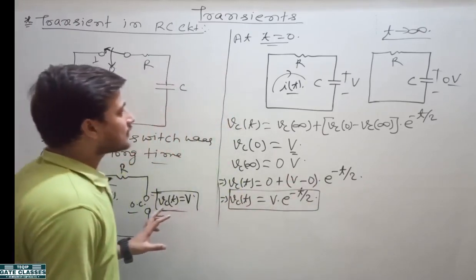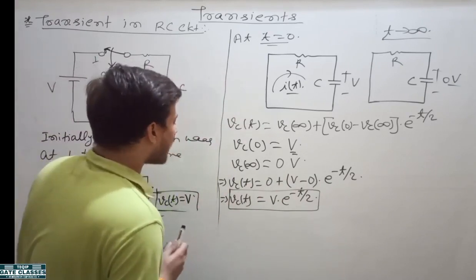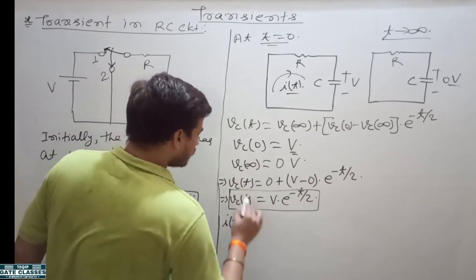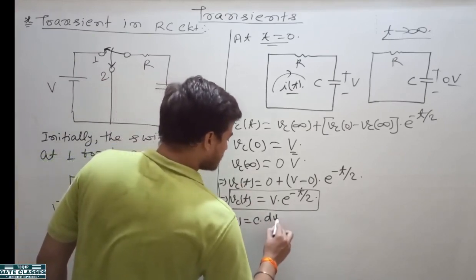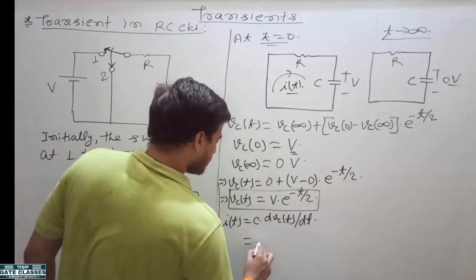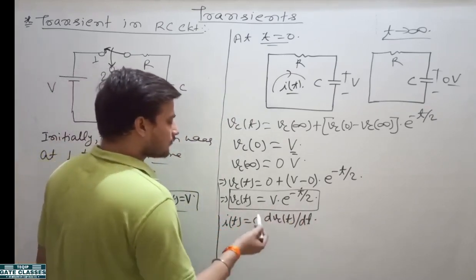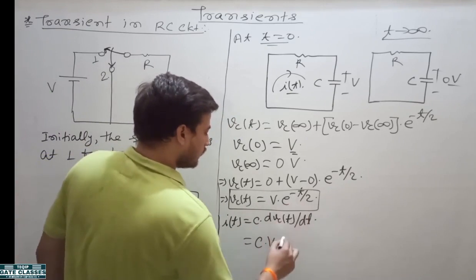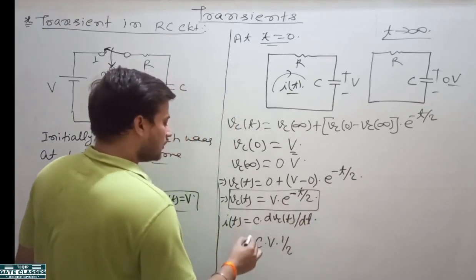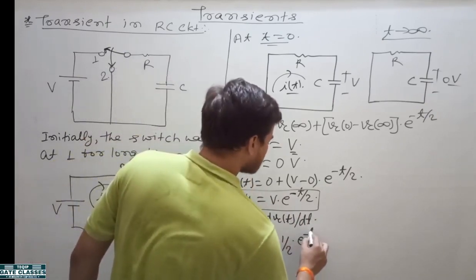Now we have to write the expression for current IT. You know current IT will be equal to C into dVc(t) upon dt. So you will write C into, if you differentiate this Vc term, V is constant, 1 by tau is constant, but because of this negative sign, you will get a negative sign in the expression into e to the power minus t by tau.